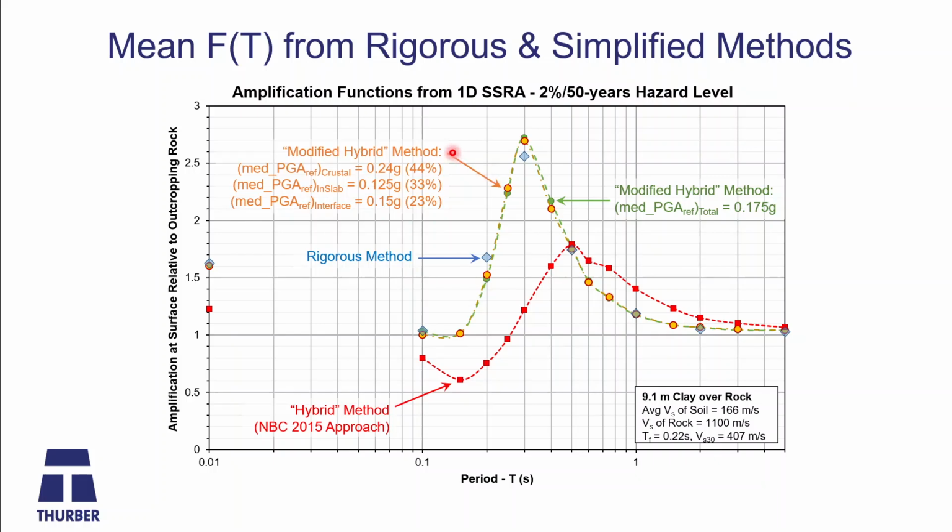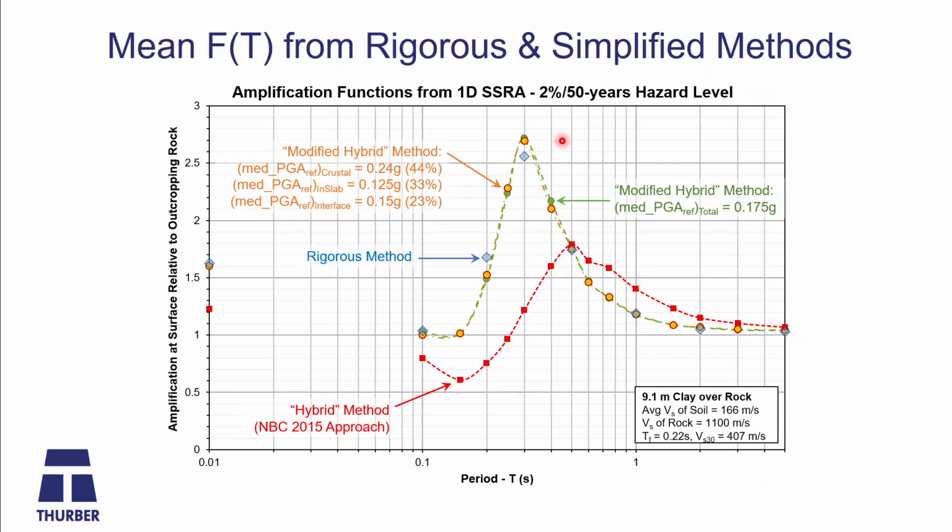We got the individual F of T's that correspond to 0.24 G for crustal, 0.125 for in-slab, and 0.15 G for interface. Then using the contribution weightings, we get a contribution weighted mean average amplification function, shown by the orange circles here. They're very, very similar to what you get just using the median value for the total hazard.